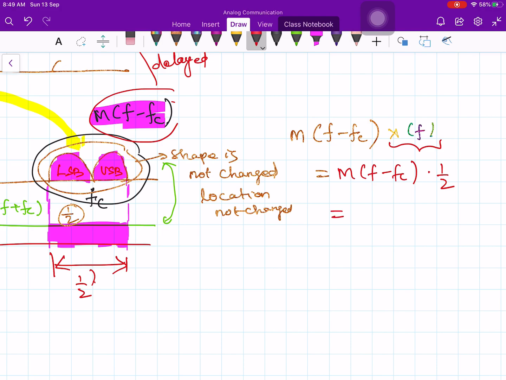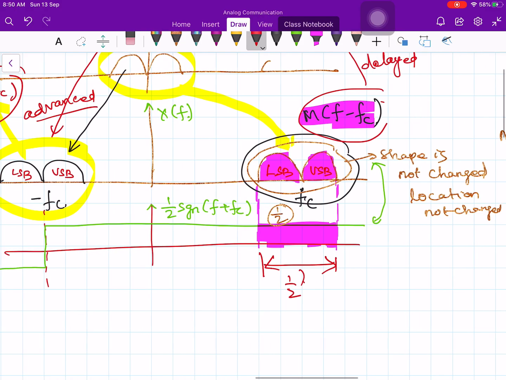Therefore, this is 1 by 2 M of f minus fc. So what is X of f? X of f is denoted by this signum function, let's say 1 by 2 signum of f minus fc. Okay, that's it. So this is one result.